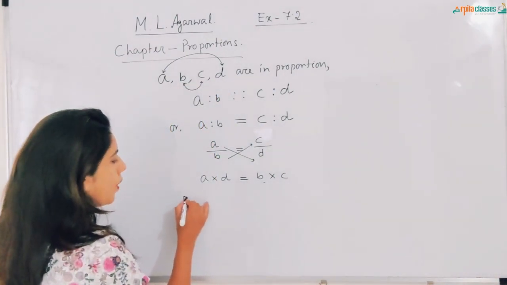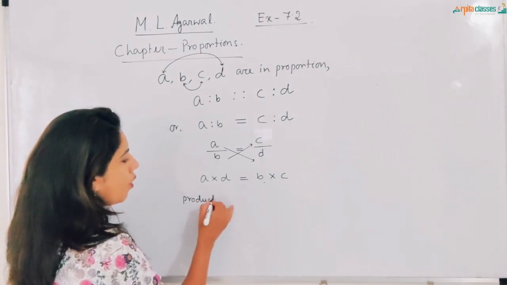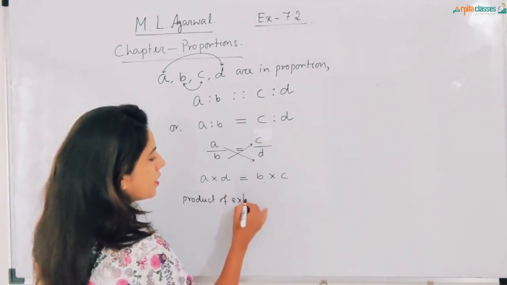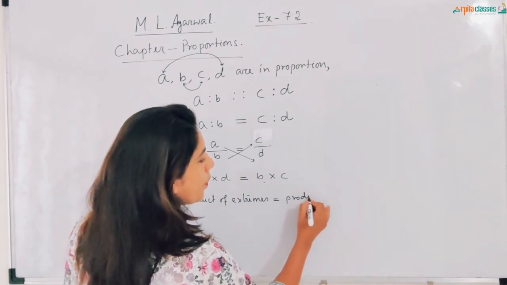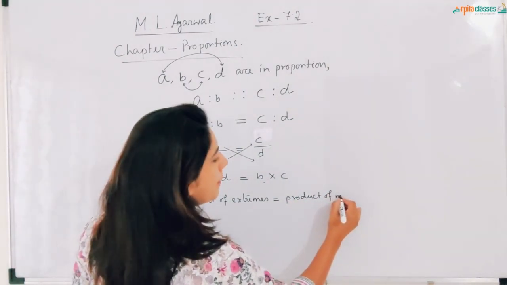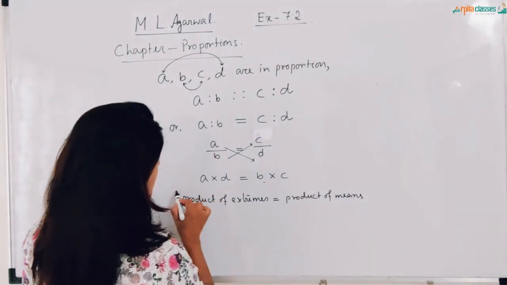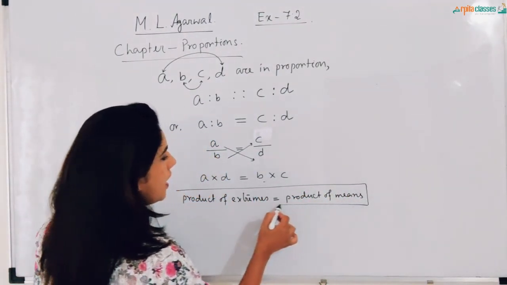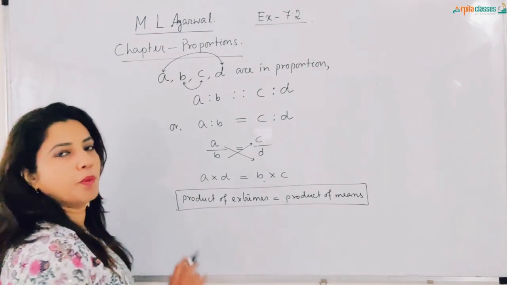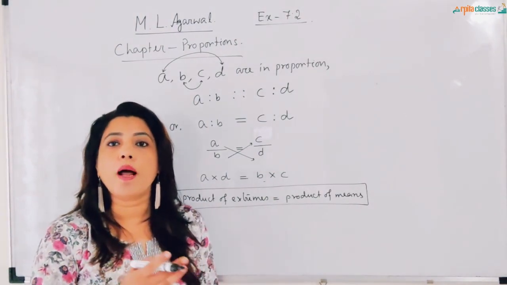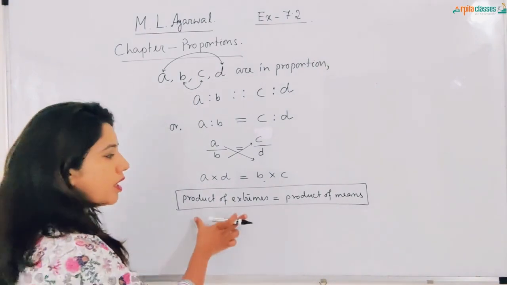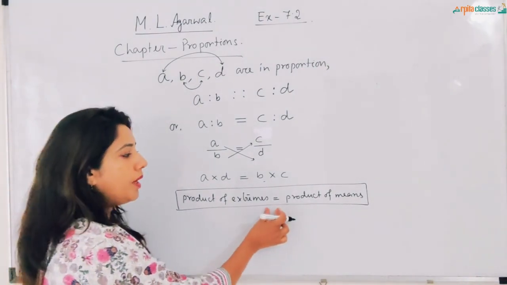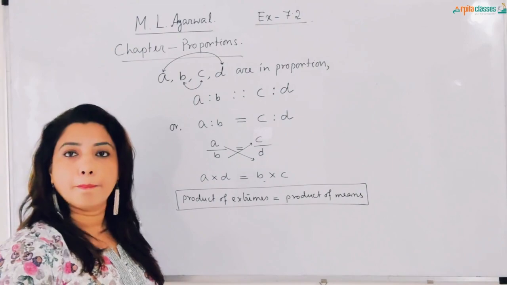So we can say product of extremes is equal to product of means. So this is the criteria to be in proportion. That means if four numbers A, B, C, D are in proportion, then the product of the extremes should be equal to the product of the means.